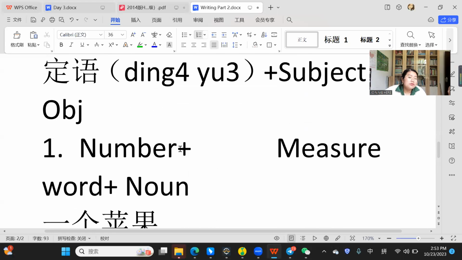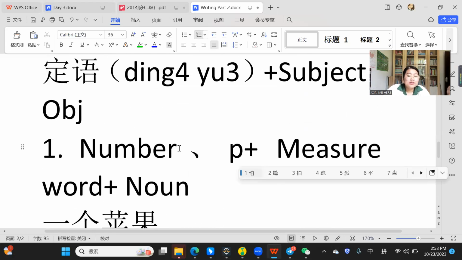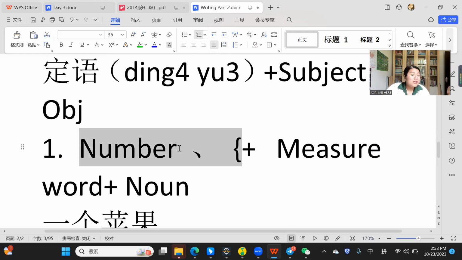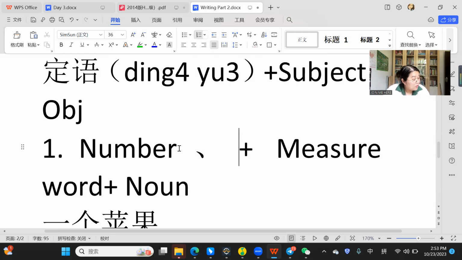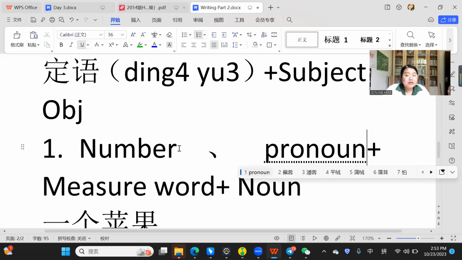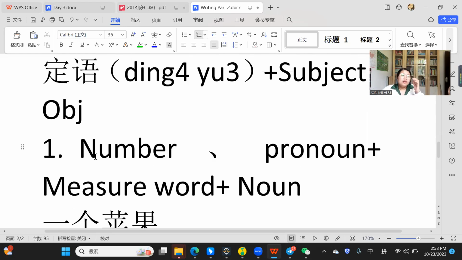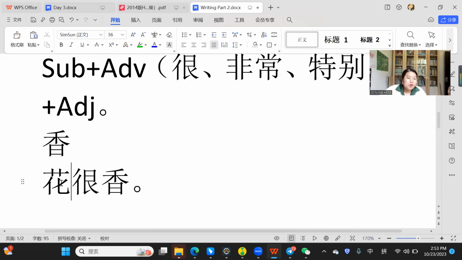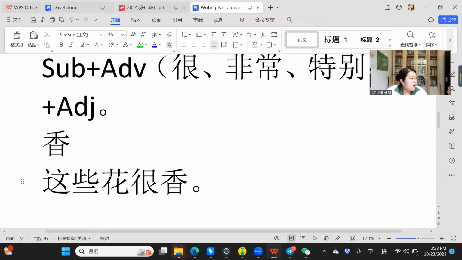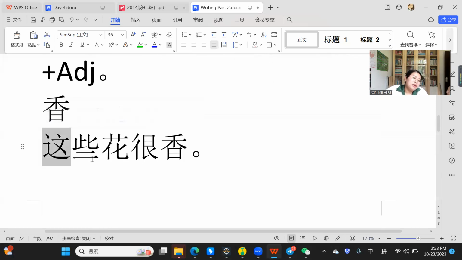And you can even use a pronoun instead of a number. For example, 一个苹果, you can also say 这个苹果, 那个苹果. 这, 那 mean pronouns, right? So here 花, you can also say 这些花, right? 这些花. 这些 means like number plus measure word plus noun. 这些花很香.